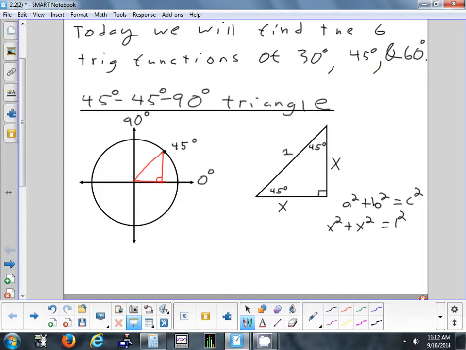Think about it as maybe having 1x squared plus another x squared. How many do you have? 2x squared. Okay, so 2x squared equals 1 squared, which is 1. Okay, Adam, what could I do next to get x by itself?